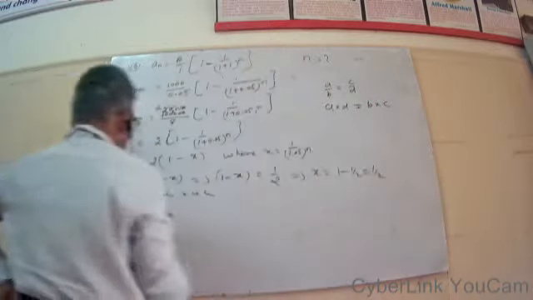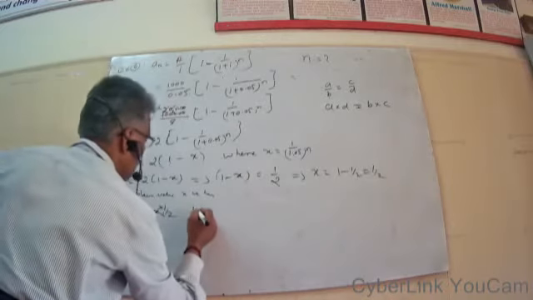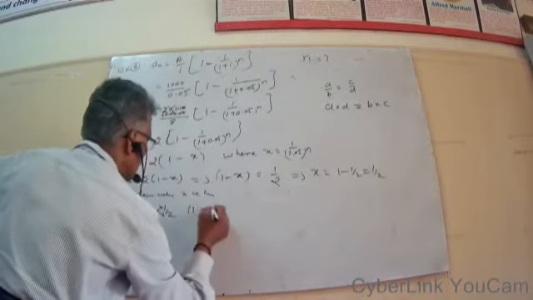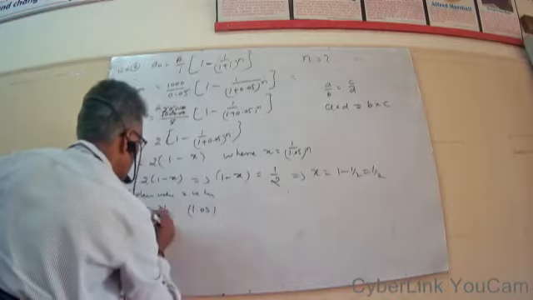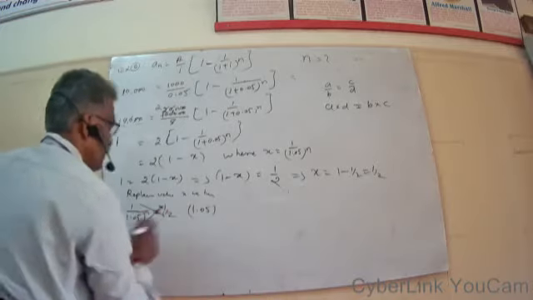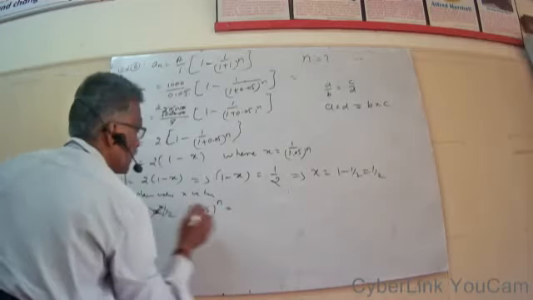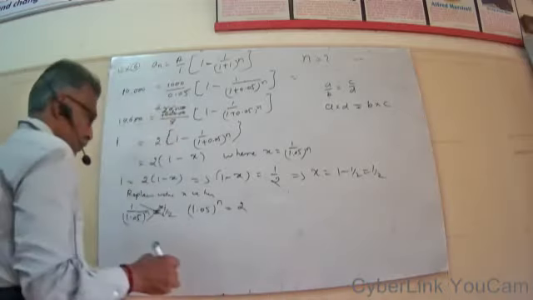Applying that rule, 1.05 raised to n equal to 2 into 1 is 2.